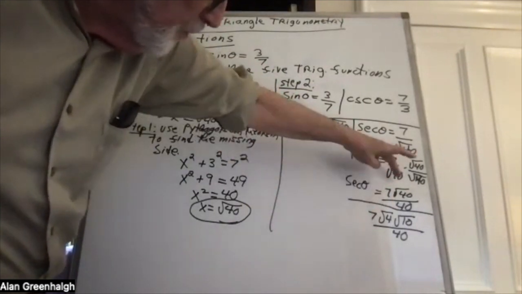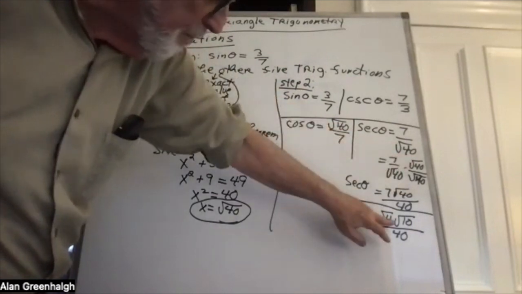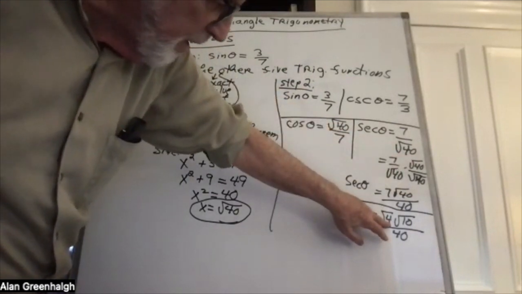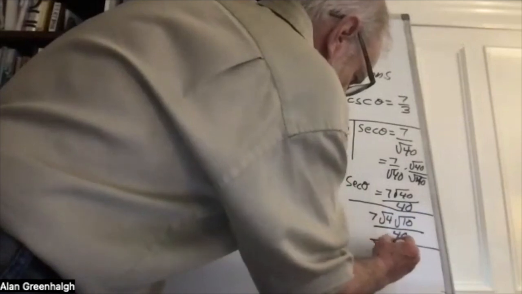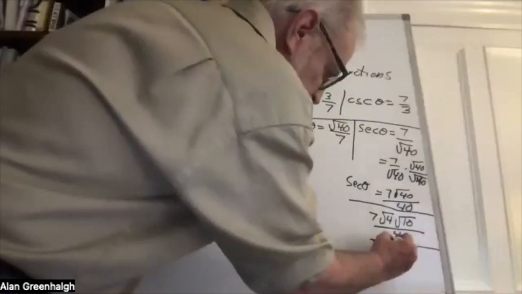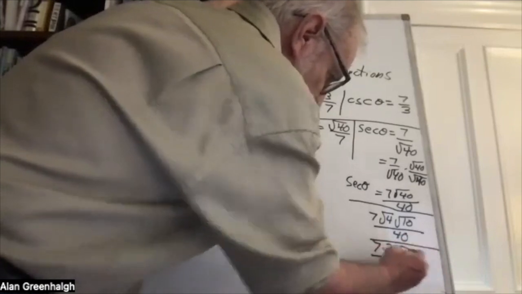Then you simplify the radical, which we've done before, a perfect square times another number. So this becomes 7 times the square root of 4, as you know, is 2, times the square root of 10 over 40.